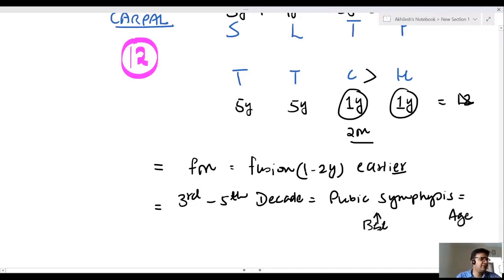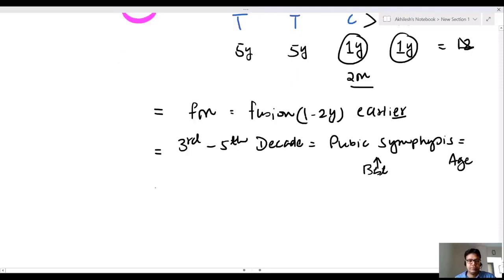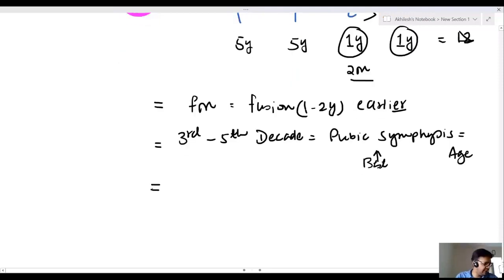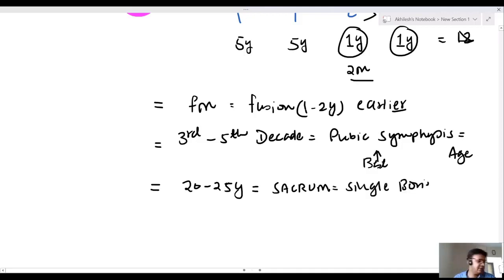Between 20 to 25 year, sacrum bone become a single bone. All segment of sacrum fuses at the age between 20 to 25.